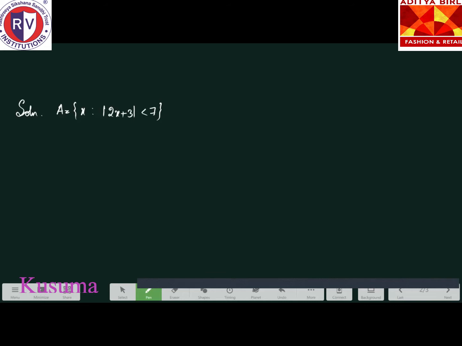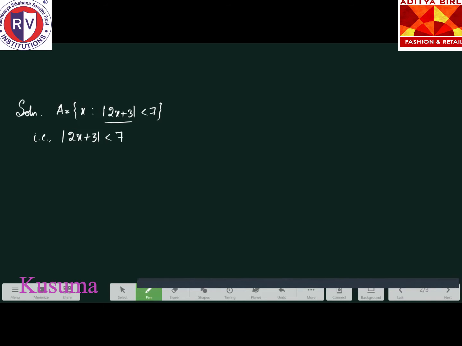Fine. So we are supposed to find the set equivalent to this. We have to find where x lies, because all the options are given in terms of x. So let us take this condition: mod 2x plus 3 is less than 7.